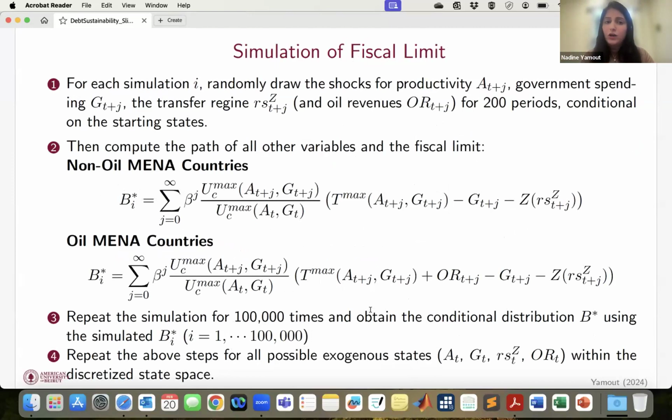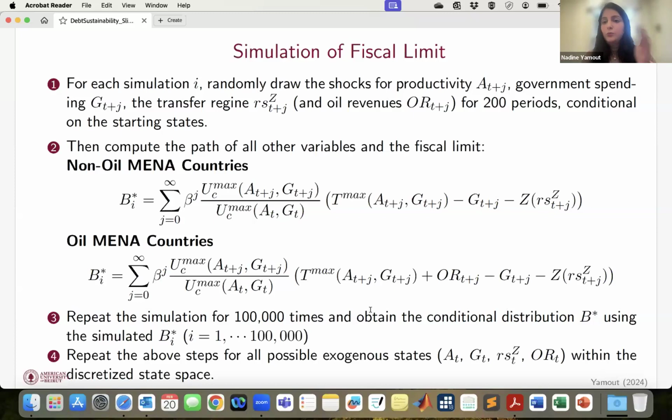At each draw I compute the fiscal limit as the present value of the government surpluses from 0 to infinity. For infinity, I use the standard 200 periods. Then I repeat the same simulation 100,000 times so that I can achieve convergence.